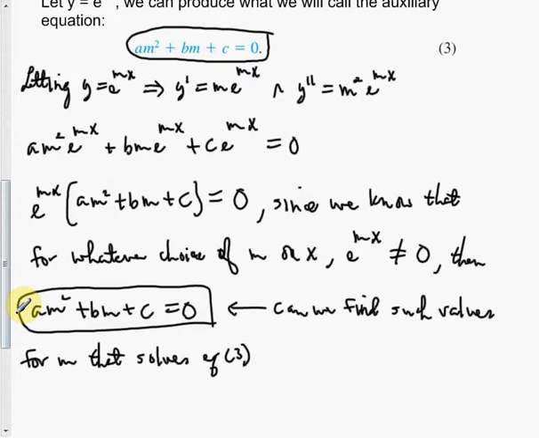Solution types, not the actual solution. Of course, we have at most 2 solutions, but we have 3 possibilities for those solutions. I can get 2 distinct solutions, I can get 1 solution, or I can get 2 imaginary solutions.